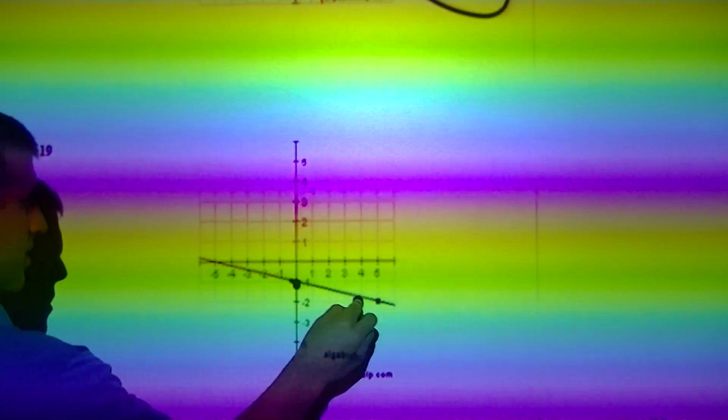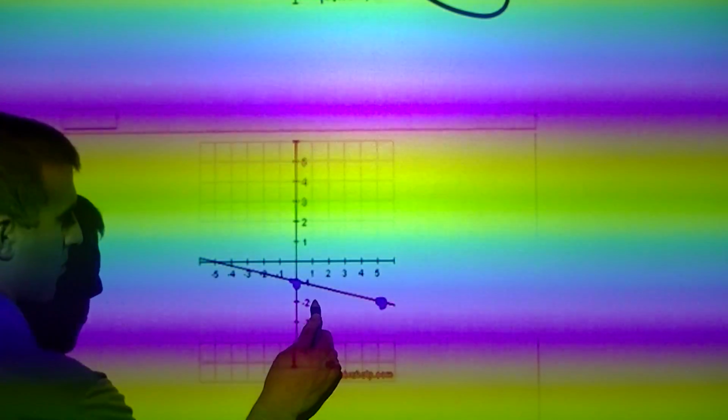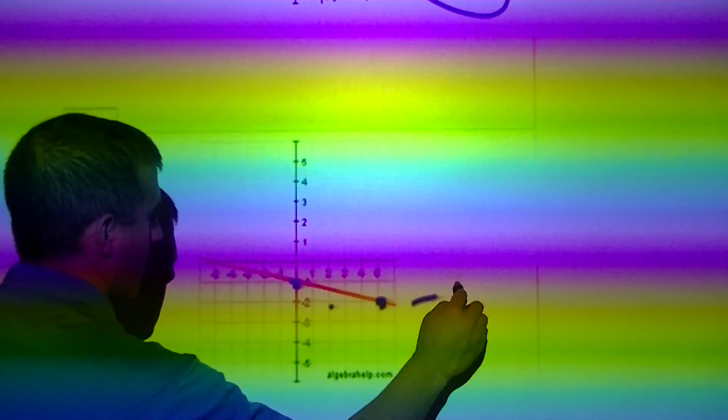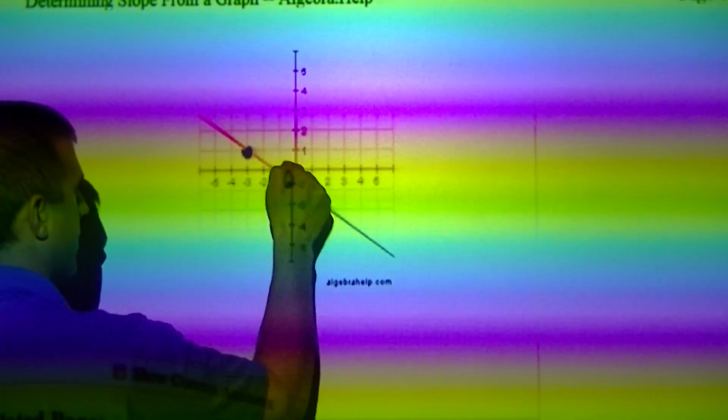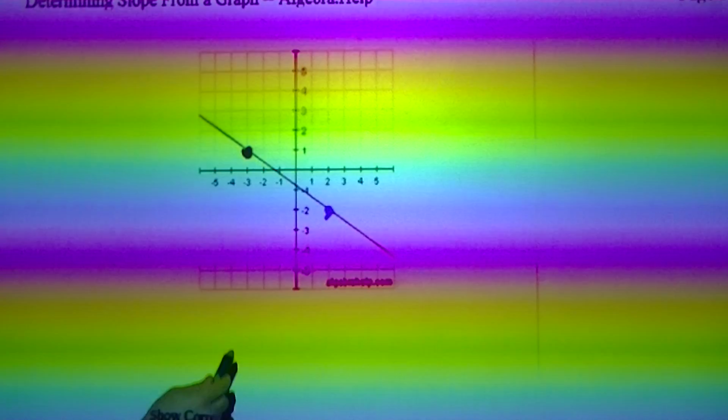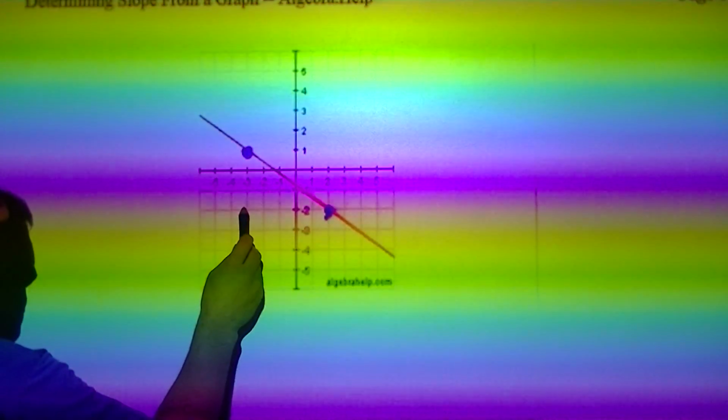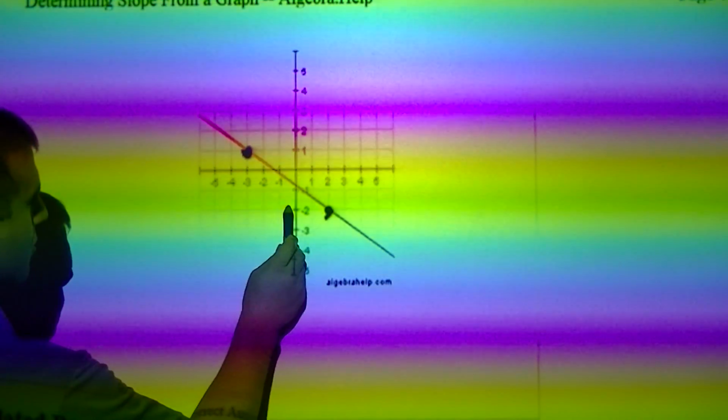This one, I'd start here and go to here, that's down 1 over 1, 2, 3, 4, and 5. So negative 1/5. And the last one here, I'm going down 1, 2, 3 over 1, 2, 3, 4, 5.